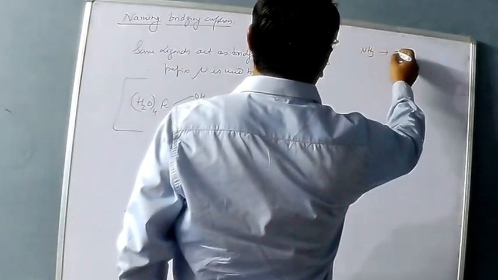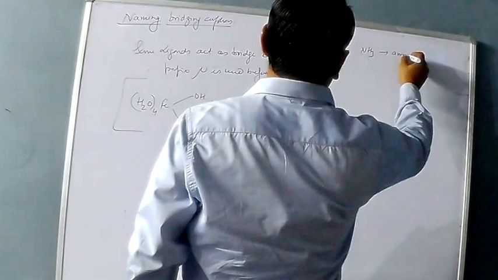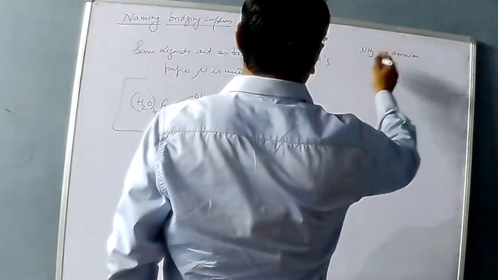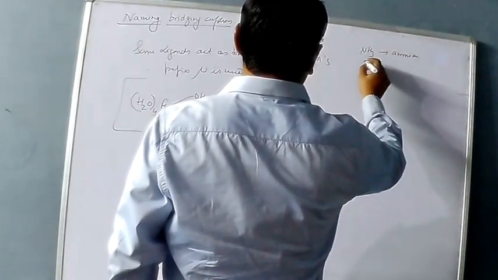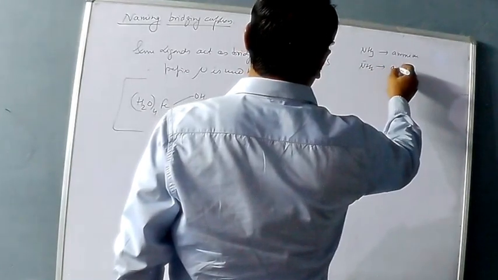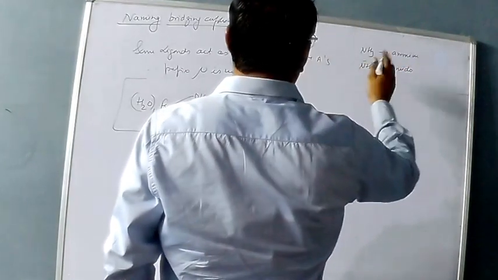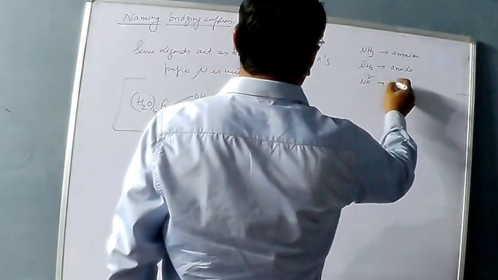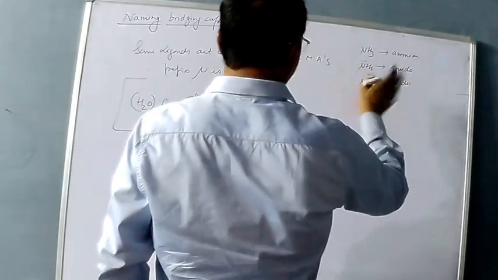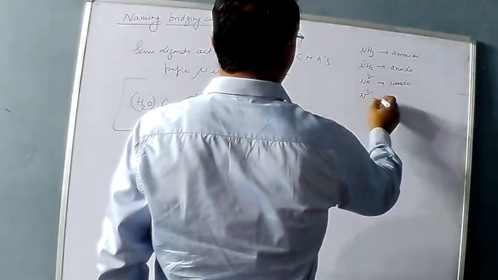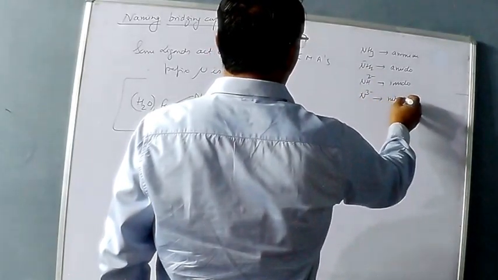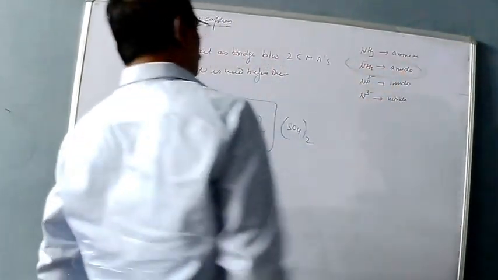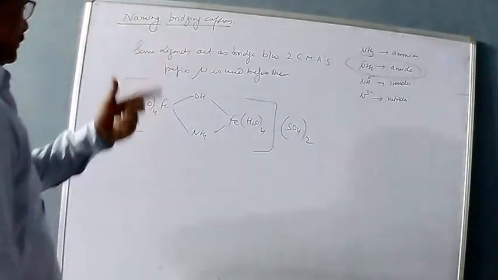Class, remember ammonia was called ammine, and if you remove one H+ here, you get NH2-, called amido. Take one more H out, then a 2- charge appears, called imido. Take one more H out, it is called nitrido. But here we are going to use amido and it has -1 charge.